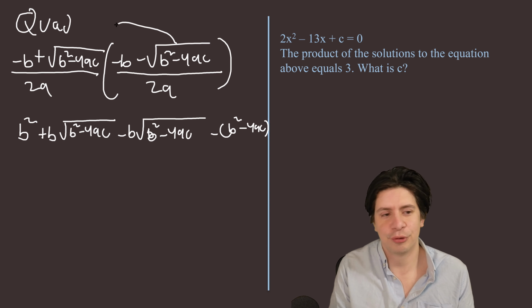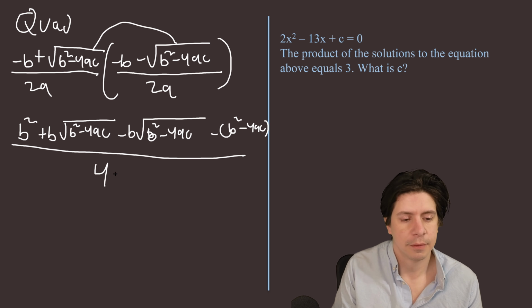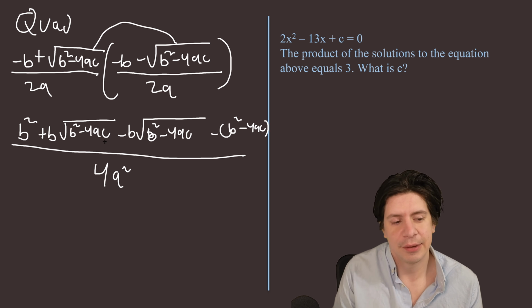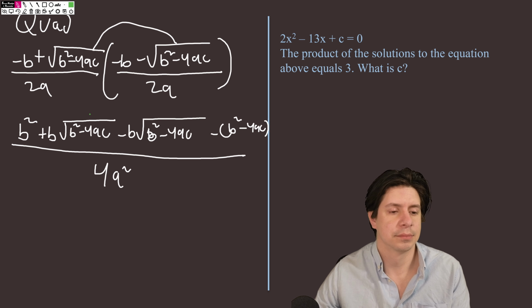Because those two multiplied together, the square root cancels, all over 4a squared.